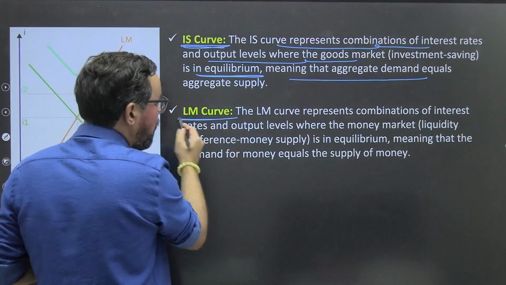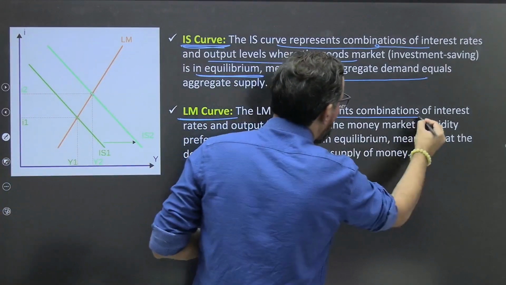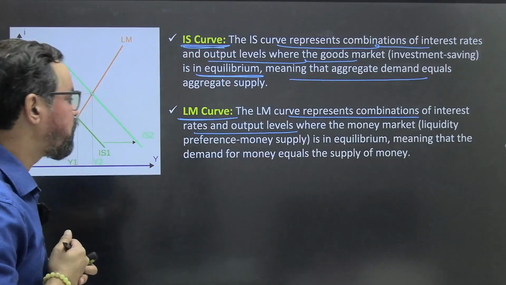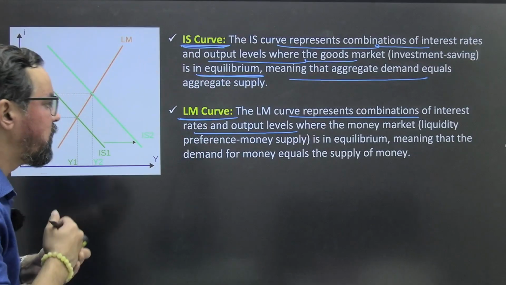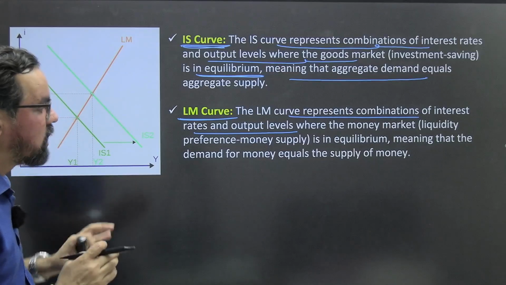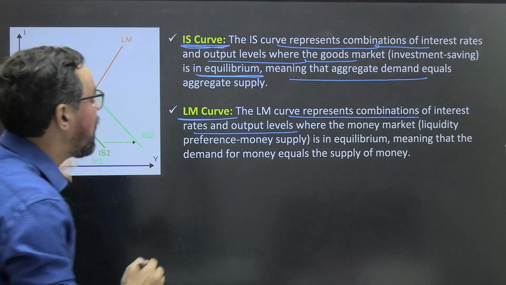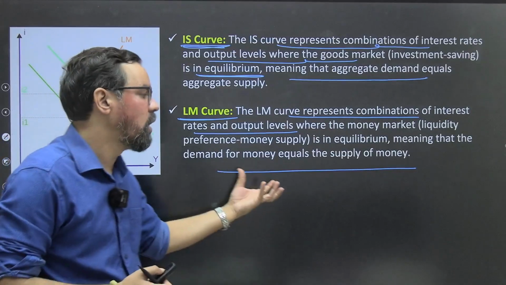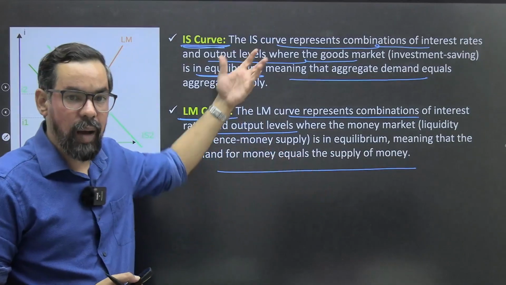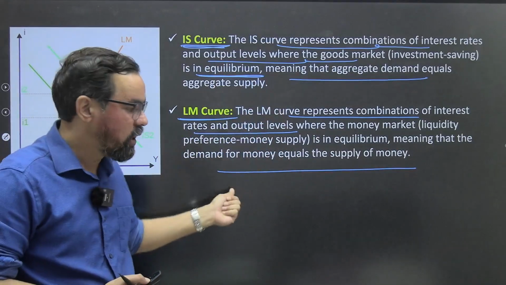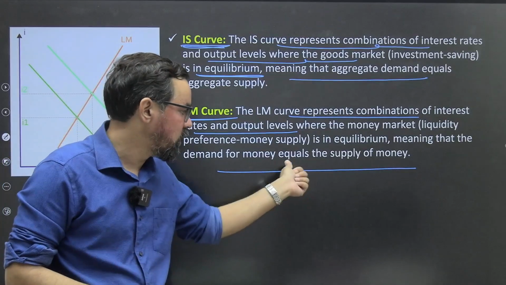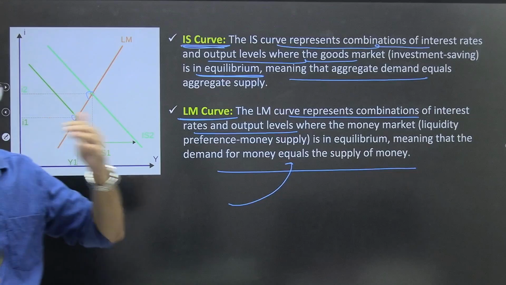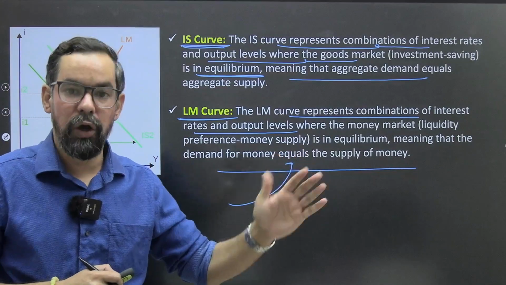The LM curve, the money curve, represents the combination of interest rate and output level where the money market, liquidity preference or money supply, is in equilibrium, meaning the demand for money equals the supply of money. And basically what the RBI or our government wants to manage through their different activities is to achieve these equilibrium points. So how to balance your monetary and fiscal policy.